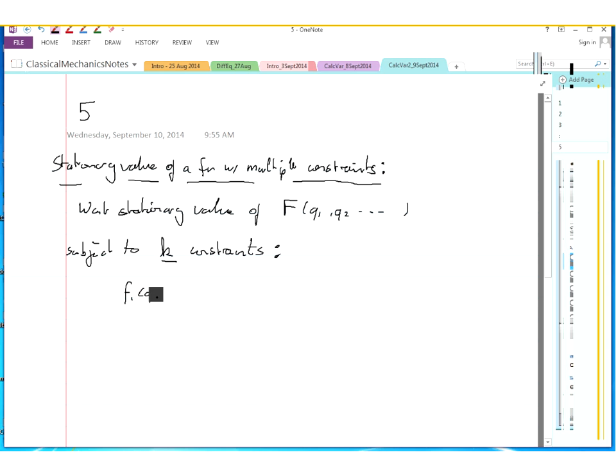The constraint equations we'll write as little f1 of the q's, q1, q2, q3 equals 0. f2 of q1, q2, etc. equals 0. f3 of q1, q2, etc. equals 0. And we'll have k such constraints.